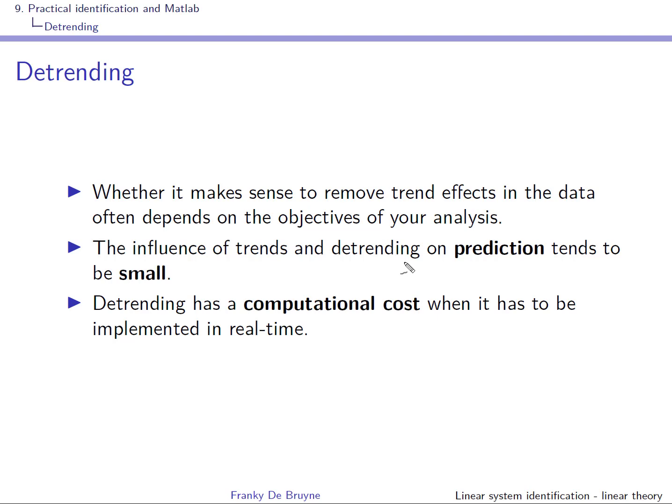And you have to remember that if you do detrending, it comes with a computational cost when the underlying model is going to be implemented in real time, because you'll have to detrend the data that you feed to the model, okay? And then, when you look at the output, you'll have to correct this and bring everything back to the correct operating point, and this is of course computationally expensive.